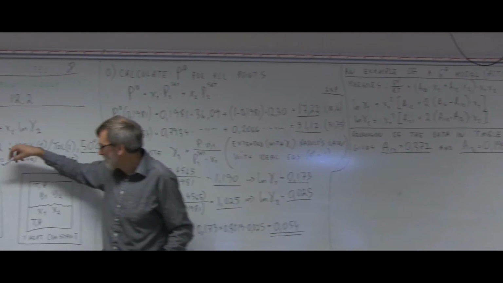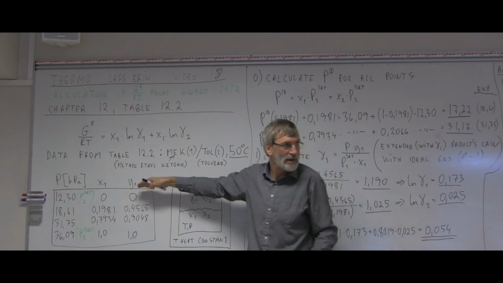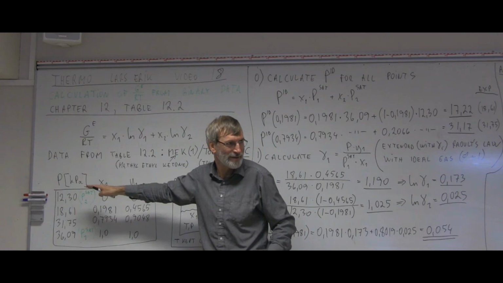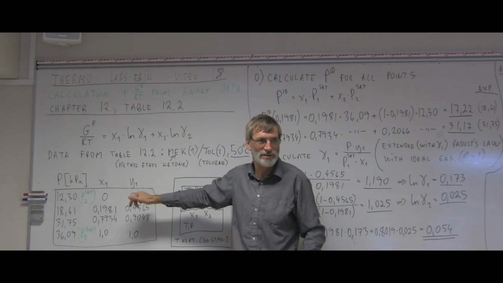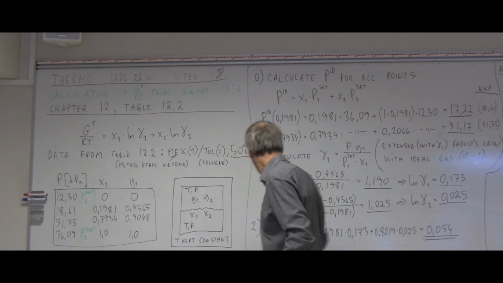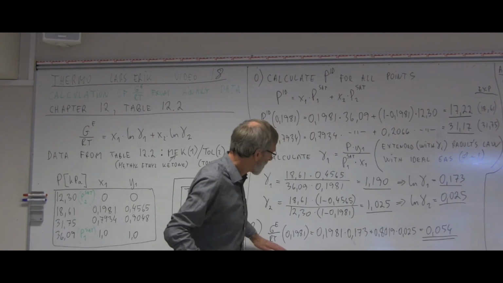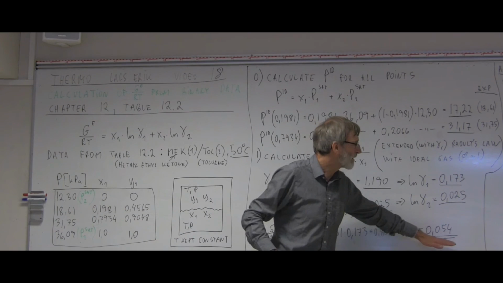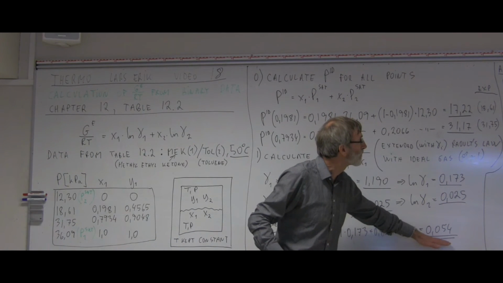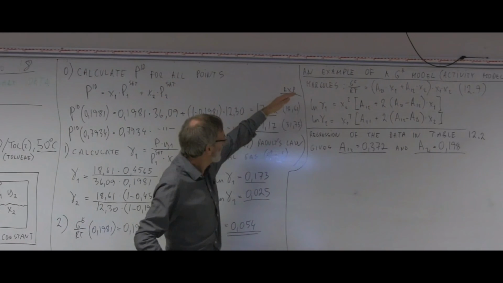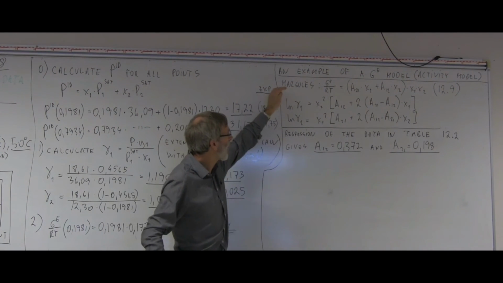That is, if we take all the data we have, and in the textbook the number of measured points is much larger, the G excess over RT can be calculated for many points. Then a regression is performed.